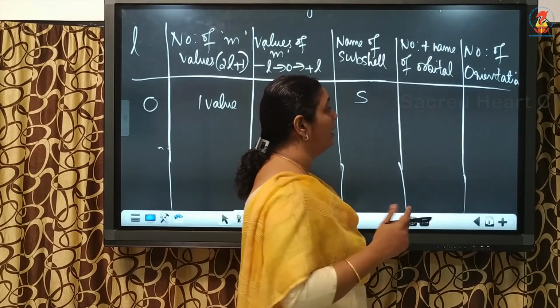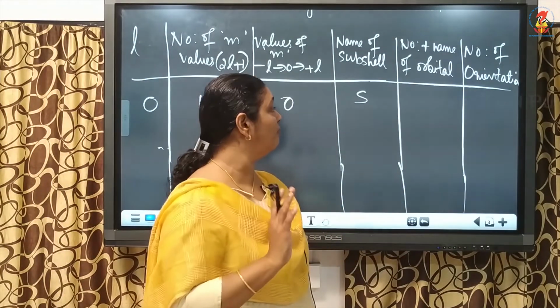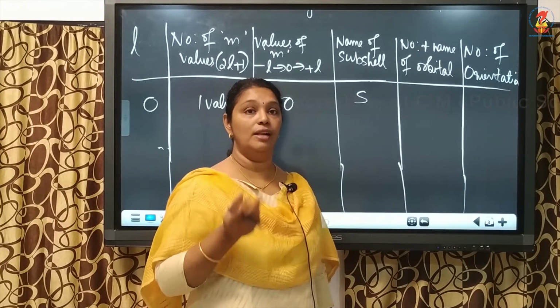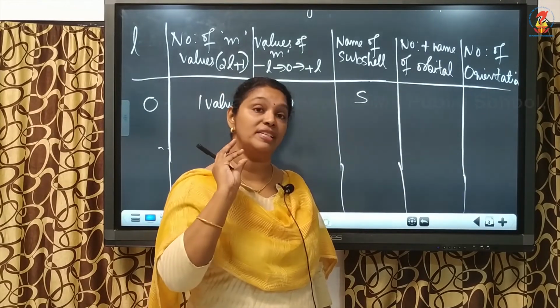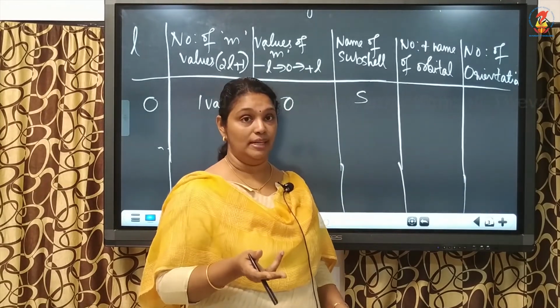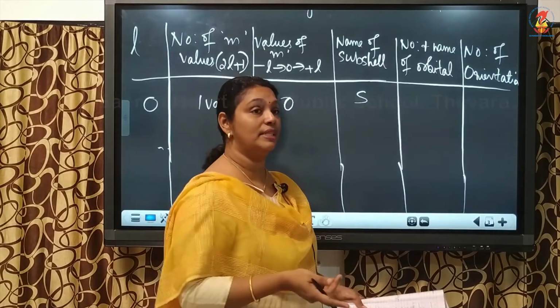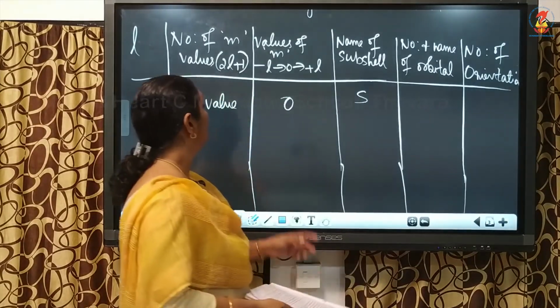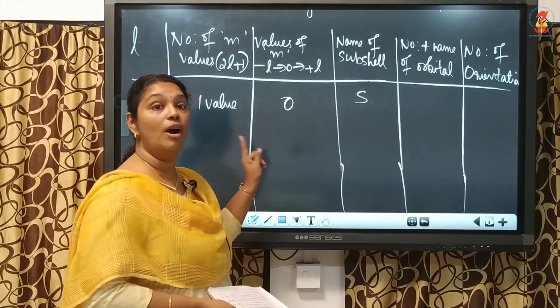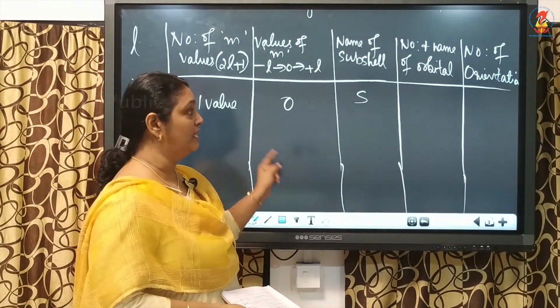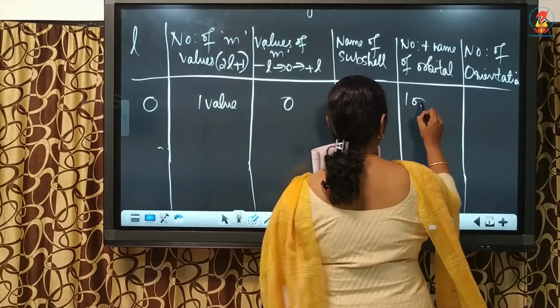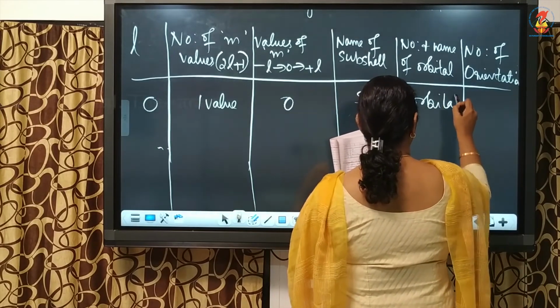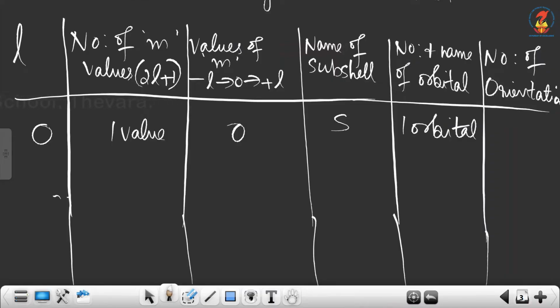Now, the number and name of the orbital. You know that the name of the orbital is the same as the subshell. So what is the name of the orbital present in the S subshell? S orbital. And the number of orbitals is given by 2l plus 1. So, how many orbitals? 1 orbital is present in the S subshell, and the name of that orbital is S orbital.